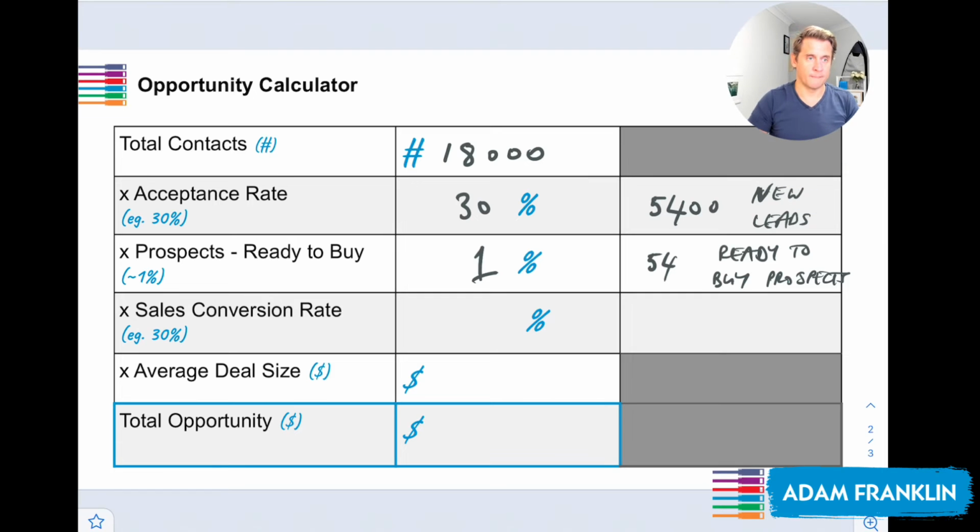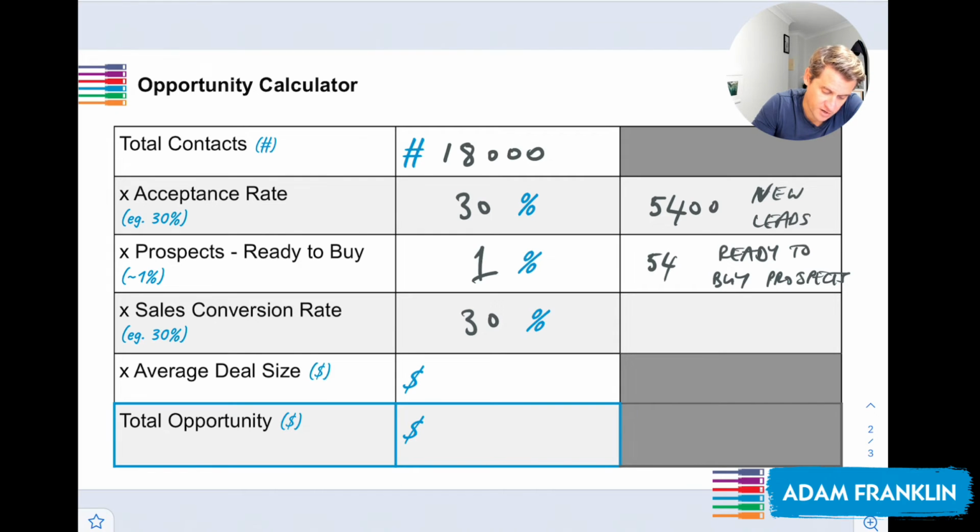So then we need to think about your conversion rate. Generally speaking, if you were to speak to 10 people who are qualified and were going to make a decision, how many would you expect to close? Now, let's just say that number is about 3 out of 10, so 30%.